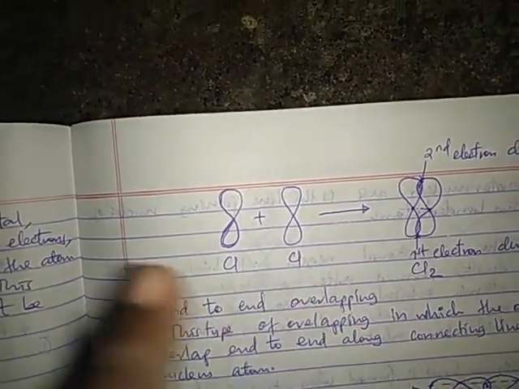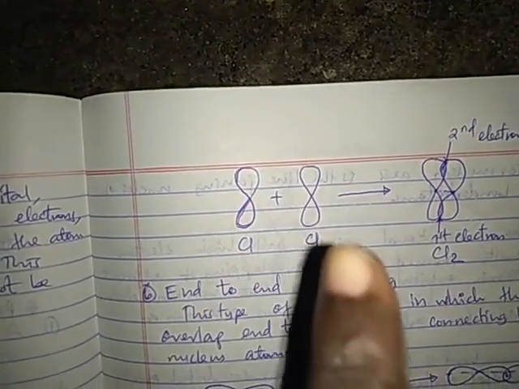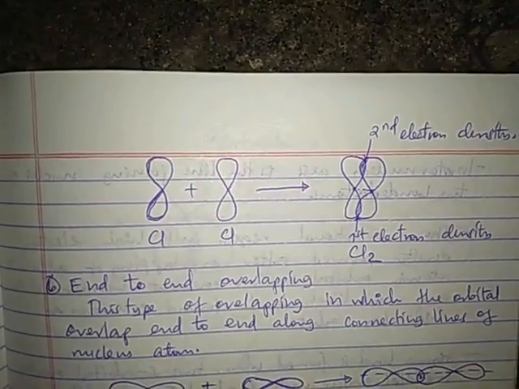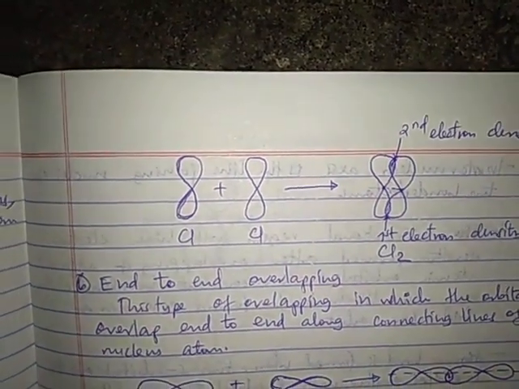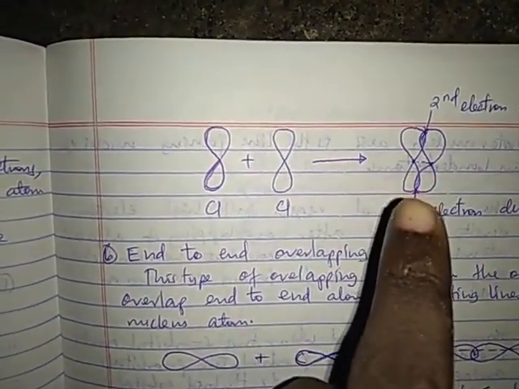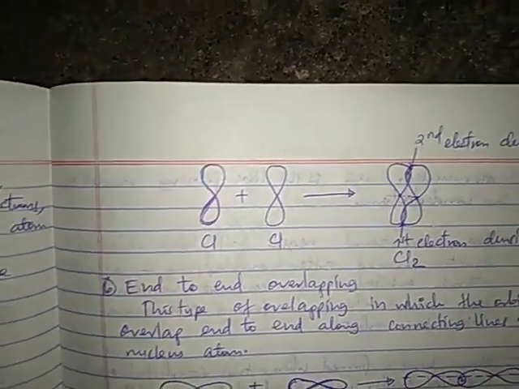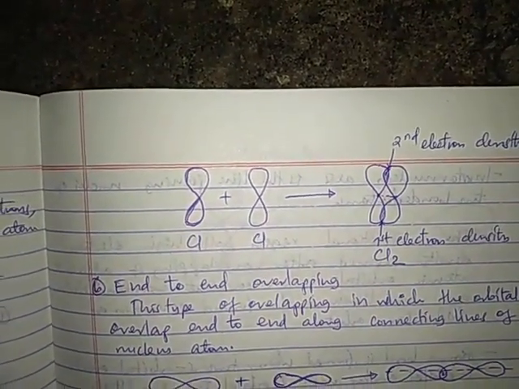Then they combine to form chlorine. The combination between these two chlorine atoms to form the chlorine molecule is sideway overlap. The electron density stays here and here, in the region where the overlap takes place.